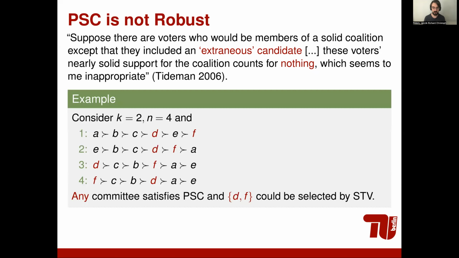As a very simple example, consider the following case. We have 4 voters and we want to elect 2. So 2 voters deserve 1 candidate. Here, we see that the first and the second voter both like B and C, but they have a different first choice. One has A as a first choice and the second one has E as a first choice.